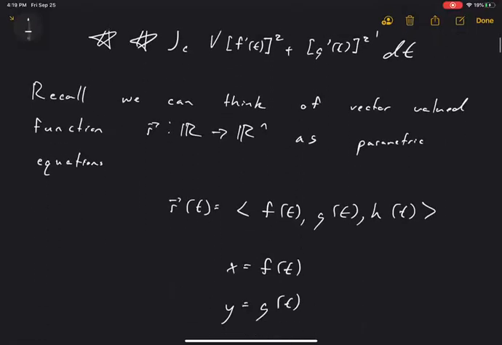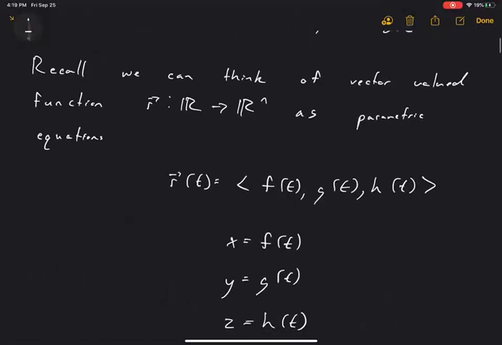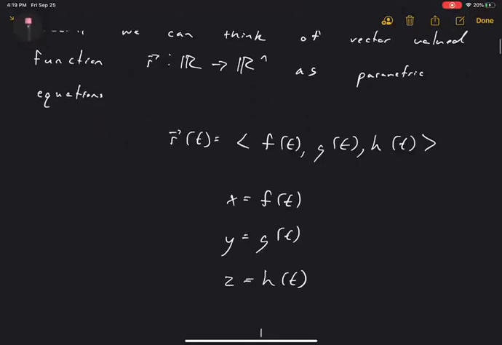Okay, and now how does that sync up with what we're doing in chapter 13? Remember that these vector valued functions we're talking about, we could think of them as parametric equations, right? So if I have this vector valued function r of t, I can think of each component being described by a function.